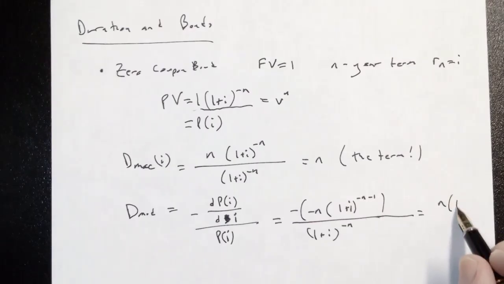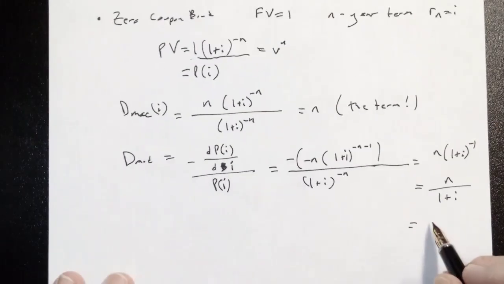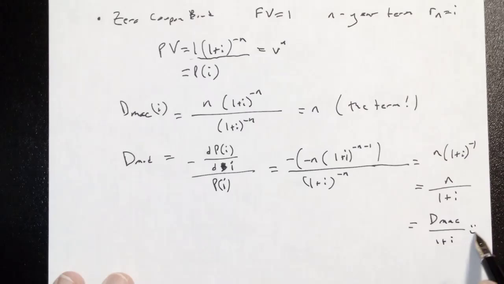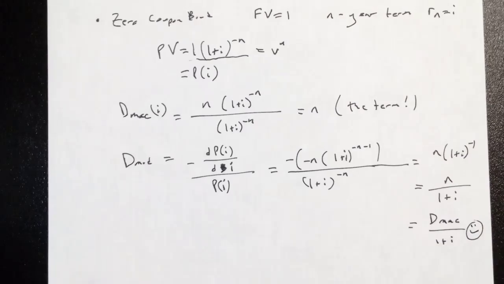Aha. 1 plus I to the minus 1, or n over 1 plus I. That is exactly the Macaulay duration divided by 1 plus I, which is what I was hoping to see. Whew.